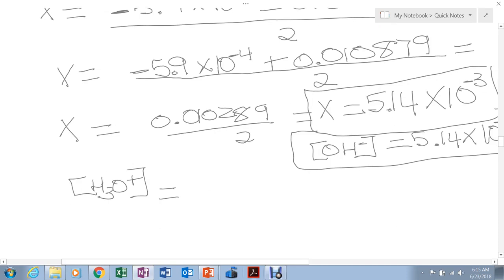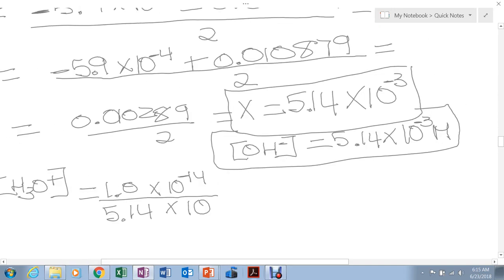And it's 1.0 times 10 to the negative 14 divided by 5.14 times 10 to the negative 3 equals, this is the Kw divided by the concentration of OH, and it gives me 1.9 times 10 to the negative 12.